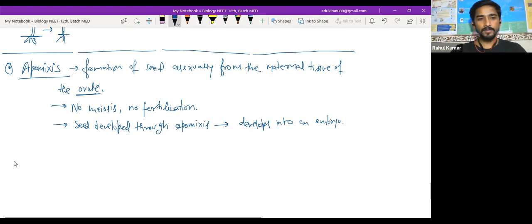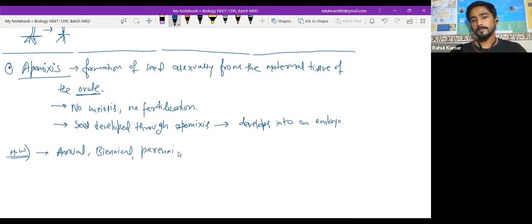Okay, so write down a homework. This is an in-class homework that you have to do today. You have to go back and revise annual, biennial, perennial plants.